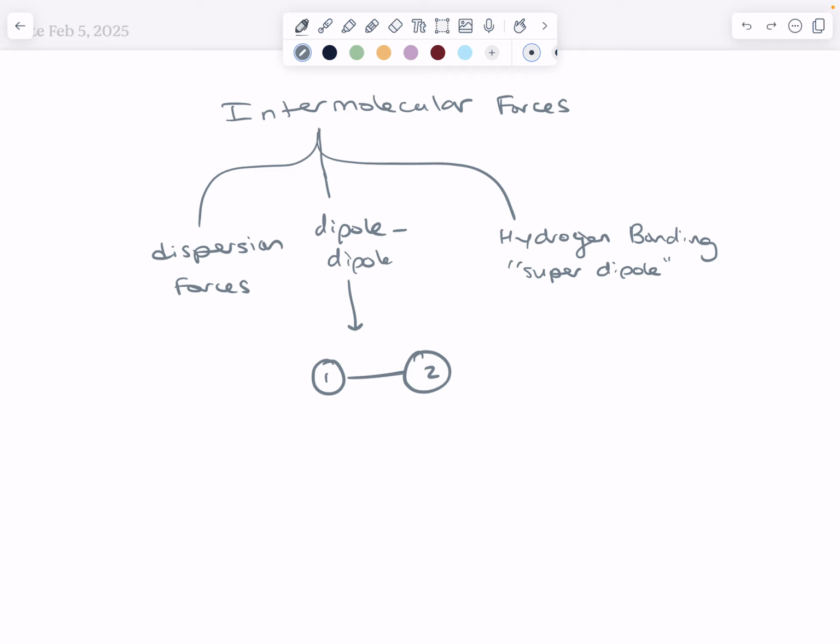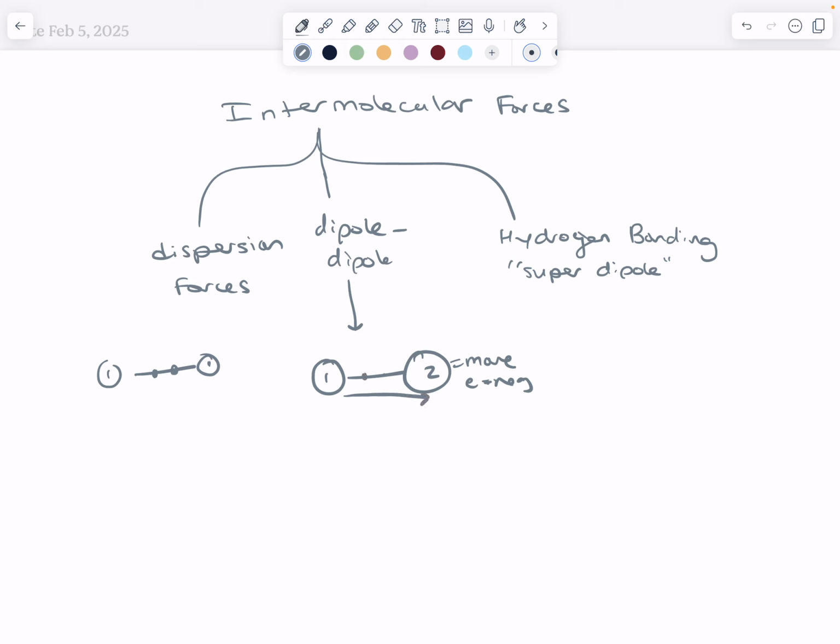So like if we had a fully covalent bond and we have two of atom 1, the electrons would be equally shared between them. But often one atom is more electronegative. So let's say that atom 2 is more electronegative. I'm just going to write E neg.